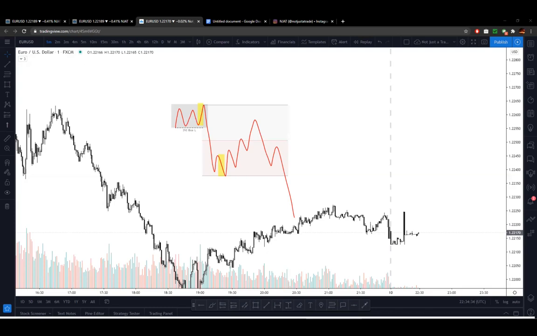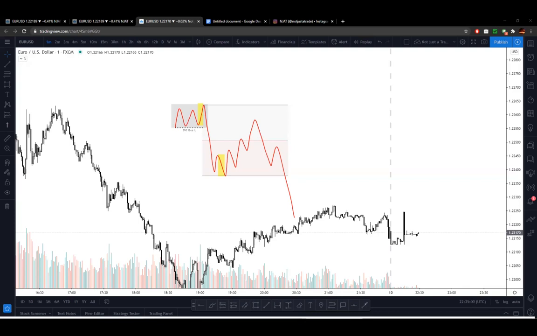The OBs that we look out for are full-bodied OBs, and we're going to go through examples of this next. Full-bodied OBs, FU wicks, which are lower time frame OBs, and OBIM, which are OBs that create imbalance as well. That means the banks and the algorithms, the central banking algorithm, are both working together.